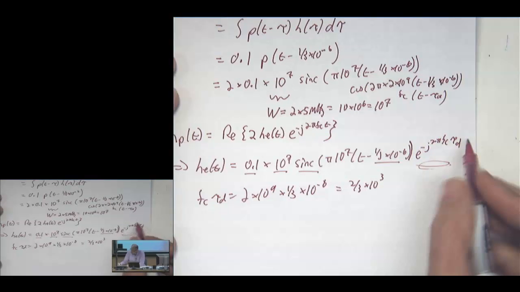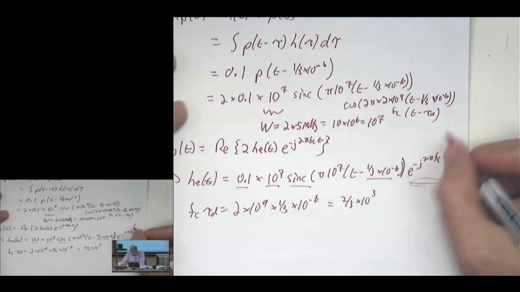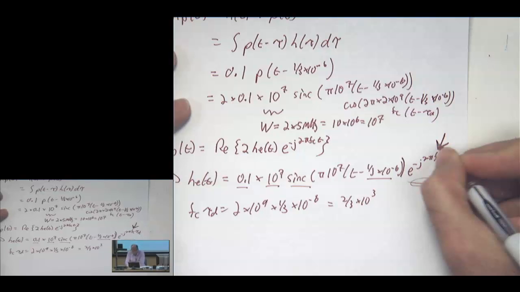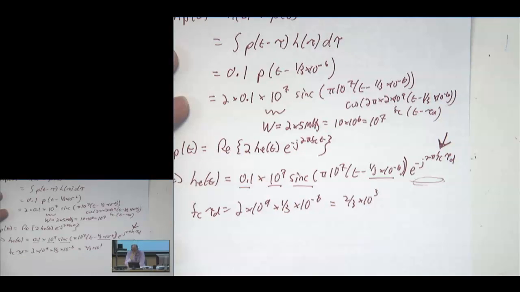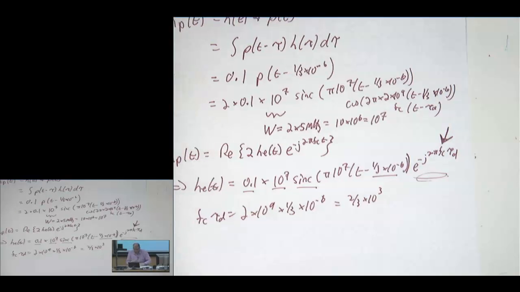The phase is a function of the carrier and the time delay. It's just a phase shift. So the whole thing is rotating in phase. That's all. But it's important that this is where the carrier comes in. So the impulse response, even for a delta function, is still a function of the carrier. Not a strong function, but it's still a function. Okay, so that's the h_E of t here.